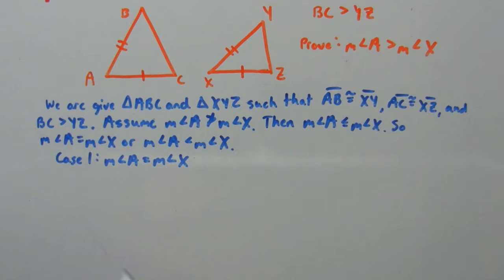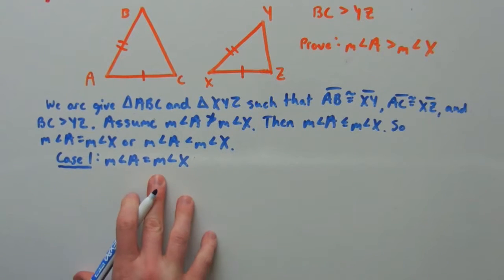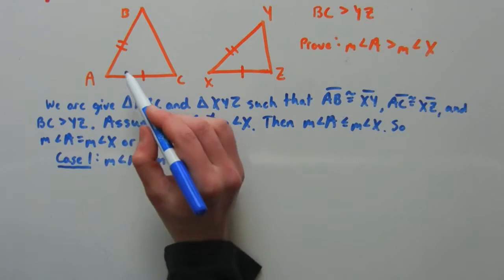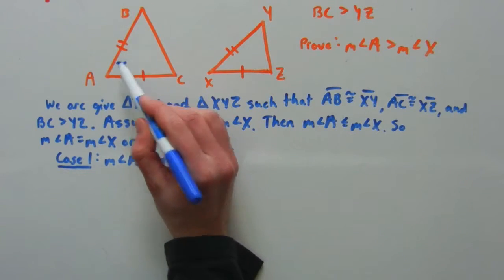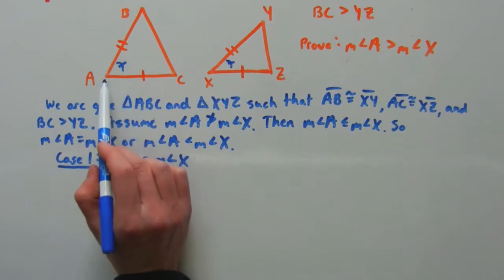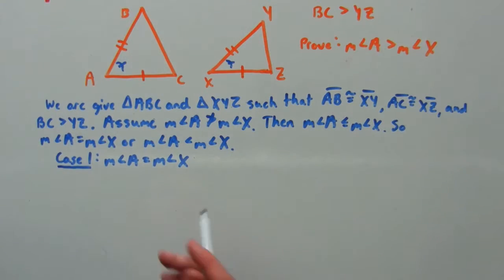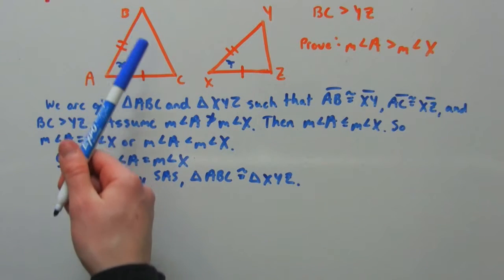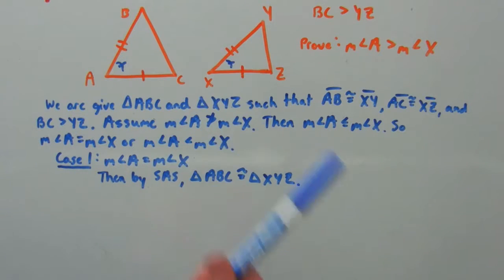Case 1, we have that the measure of angle A equals the measure of angle X. Think about it. If angle A is congruent to angle X, then we can use side angle side to say that triangle ABC is congruent to triangle XYZ. And if the triangles are congruent, the corresponding parts are congruent. So BC is congruent to YZ.